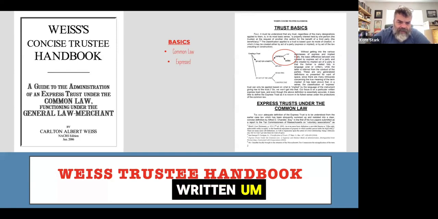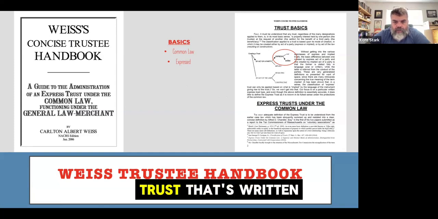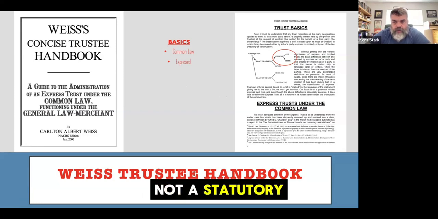I'm not quite sure exactly when it was written, but this was redone in 2006. The main thing I want to stress is, number one, that you want a trust that's written in the common law, not a statutory state law.